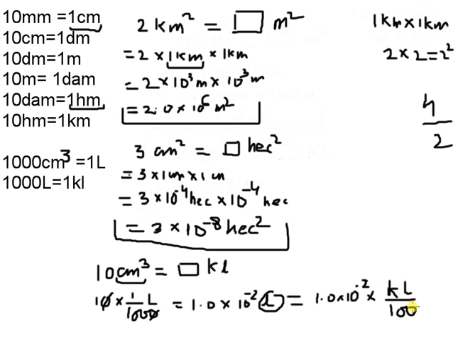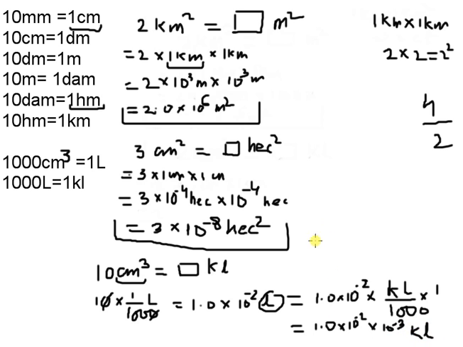So a kiloliter divided into 1000 equal parts, and I take one part of it. So the answer would be 1.0 into 10 to the minus 2, and taking this 1000 up, we get 10 to the power minus 3 kiloliters.